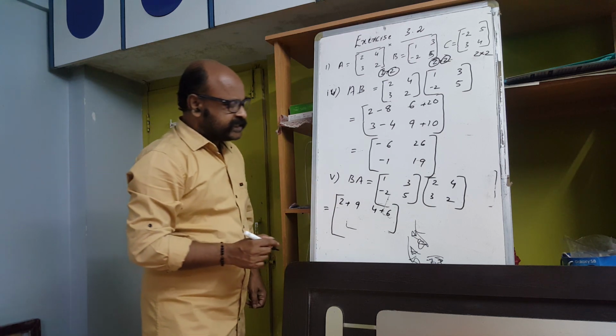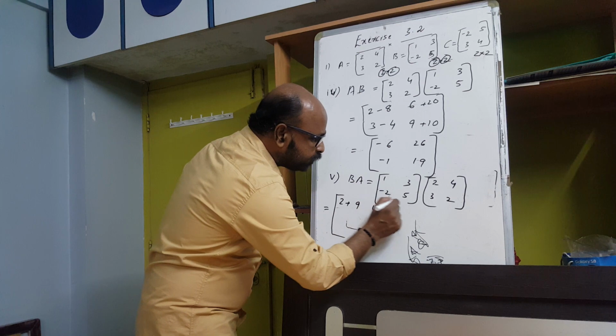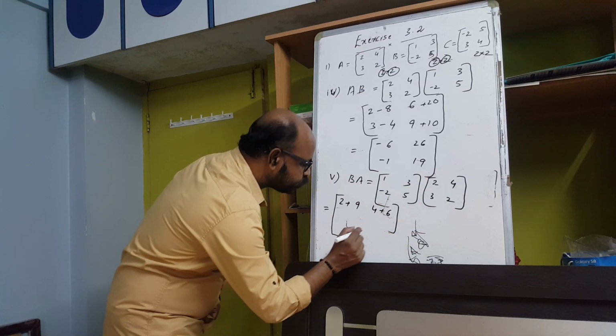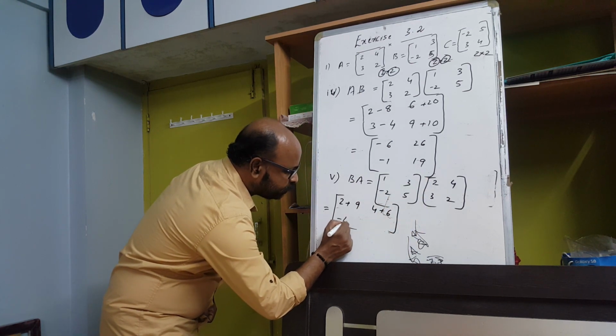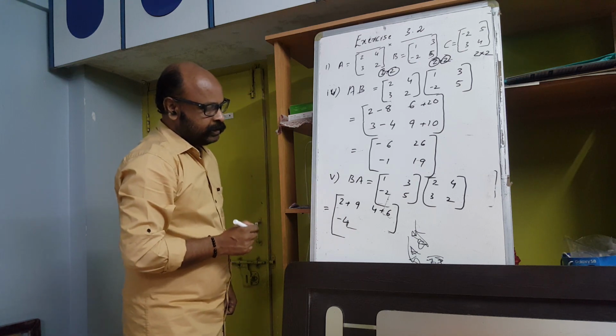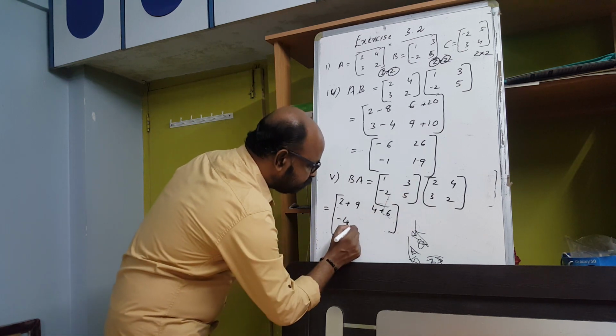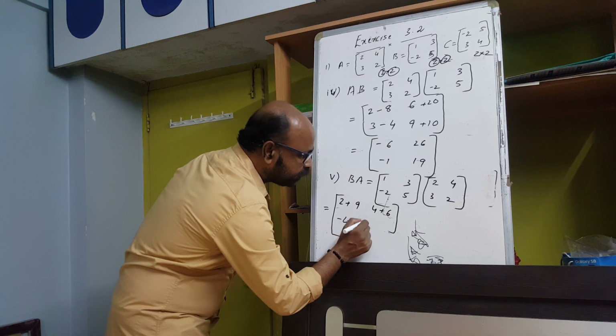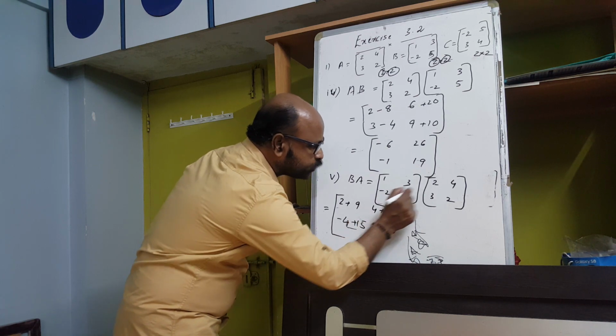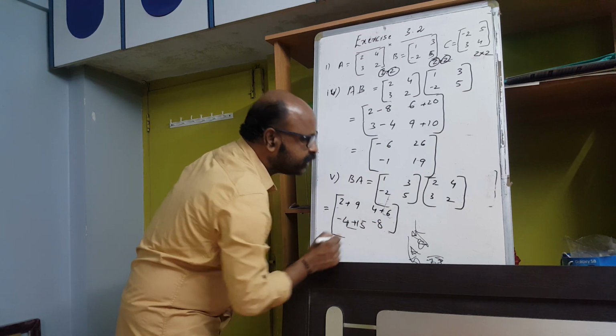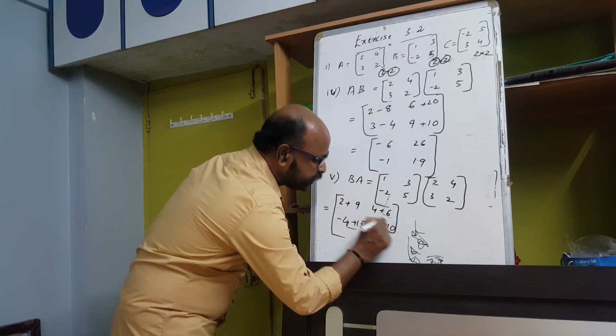Now the second row into first column: minus 2 into 2, that is minus 4, then 5 into 3, that is 15. Now the second element: minus 2 into 4, that is minus 8, 5 into 2, 10.